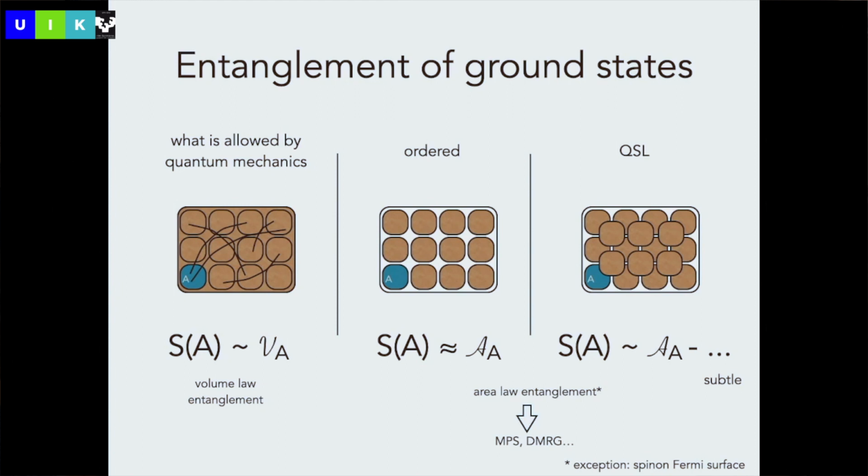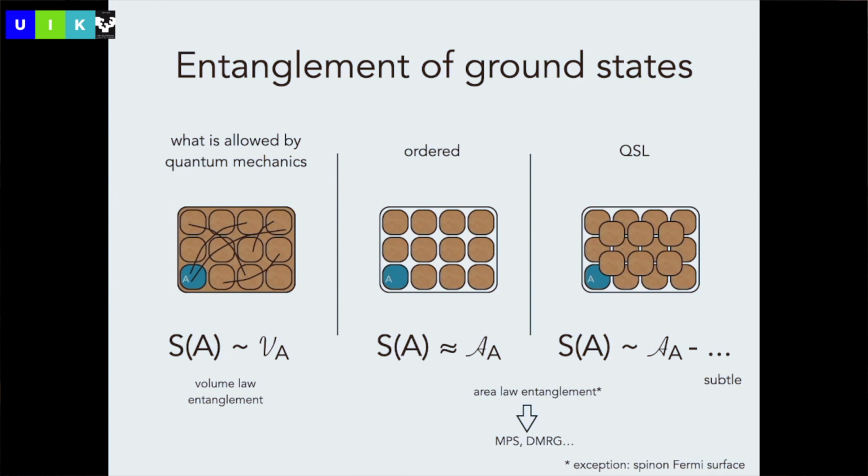So I was mentioning that quantum spin liquids require large superpositions, so something which looks like long-range entanglement of different parts of your system. In fact, quantum mechanics indeed allows volume law entanglement scaling of your entanglement entropy.